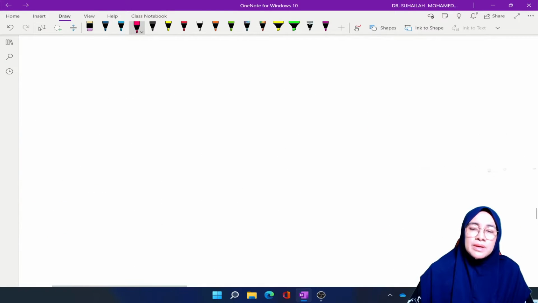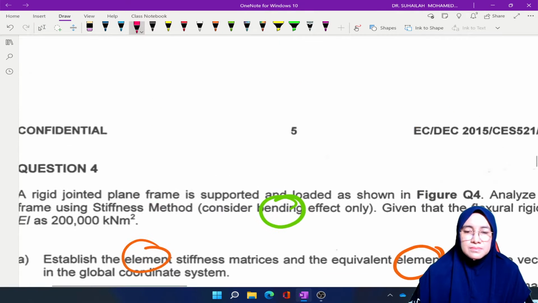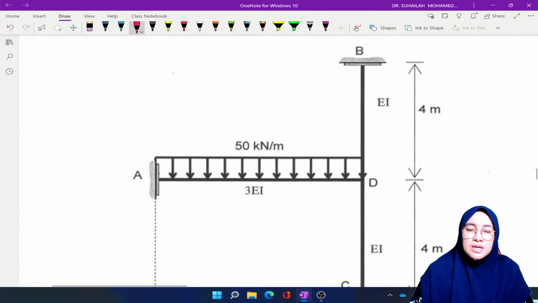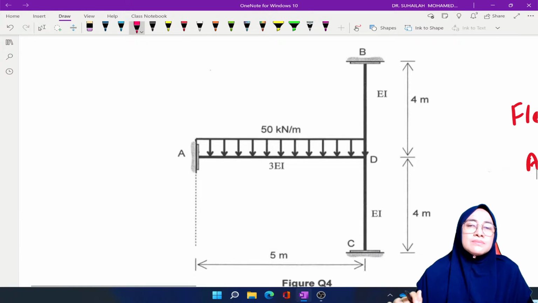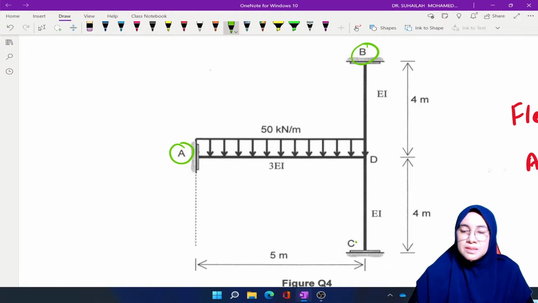So we look back at the question. Okay, this is the question. By looking at this question, we have four nodes. We have A, B, C, D, or 1, 2, 3, 4, doesn't matter. We can label each of these members.